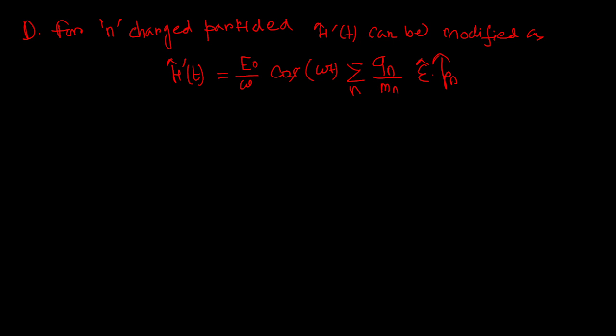With this equation given, we have to check whether it is applicable for n number of particles or not. So what is given? H comma t is E0 omega m, omega e to the i omega t plus e to the minus i omega t.